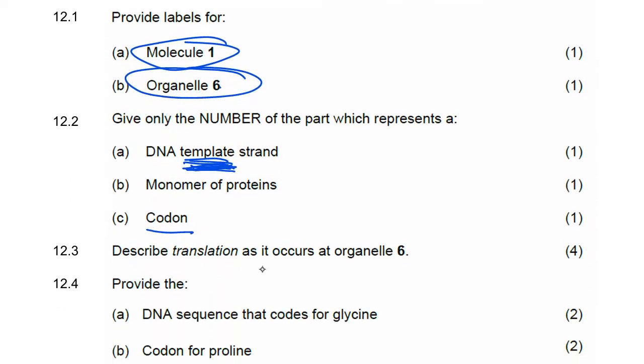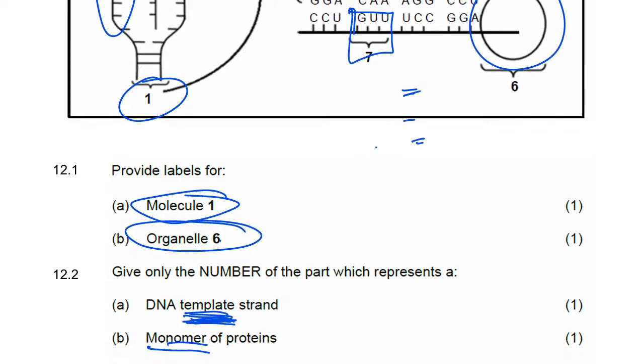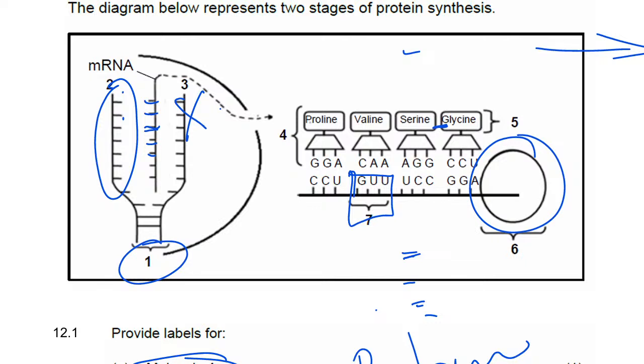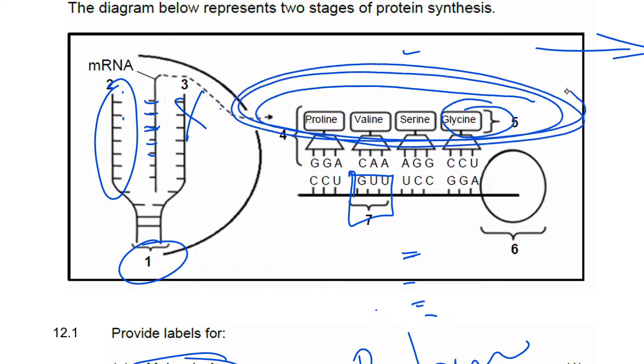Then they're saying, what is B? Monomer of protein. They are looking for the monomer. Remember that proteins are made from amino acids. So here we're going to look at number 5. Remember last time I asked a question, how do you call a combination of all?